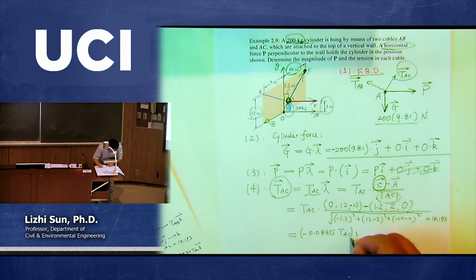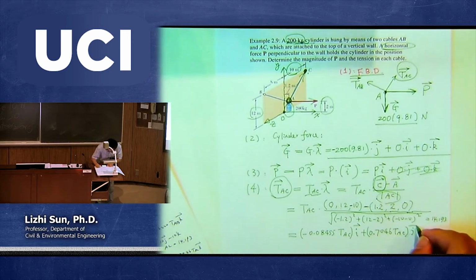That is the x component. And then the y component, 12 minus 2, that's 10 divided by this one. That's going to be 0.7046 TAC. That is the y component times j.